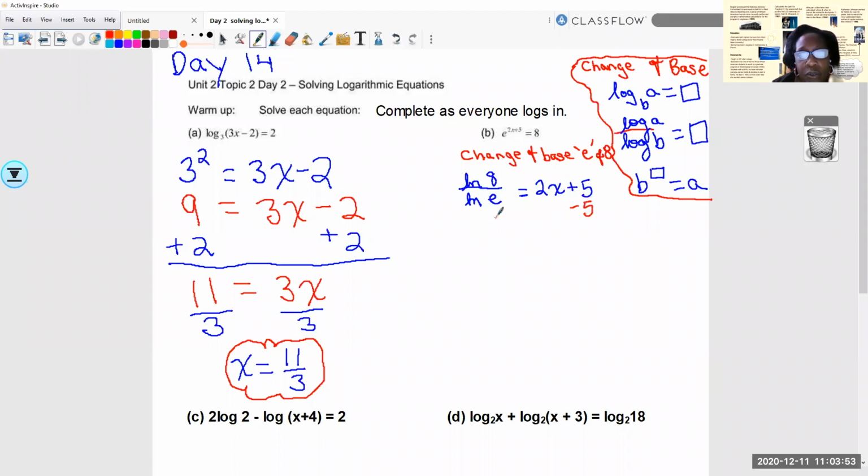Now be very careful when you take 5 from the left side. This is a fraction, which is a family. So it's ln of 8 over ln of e minus 5 equals 2x.